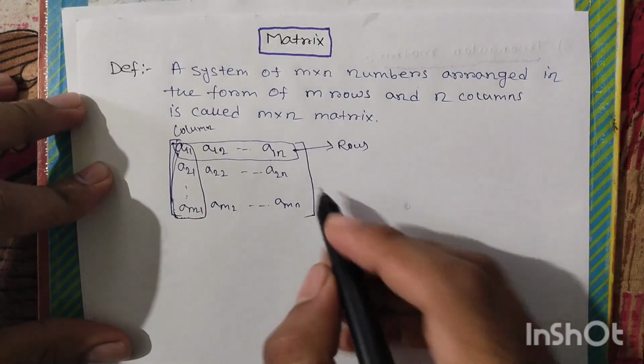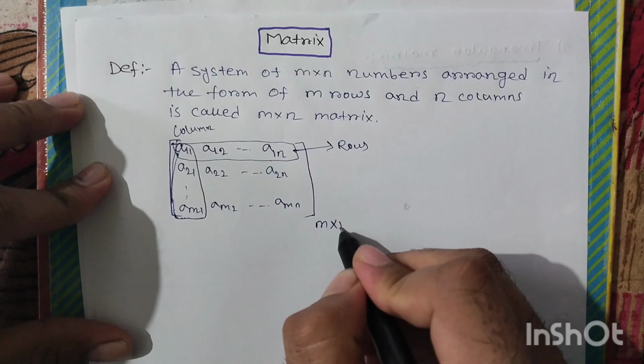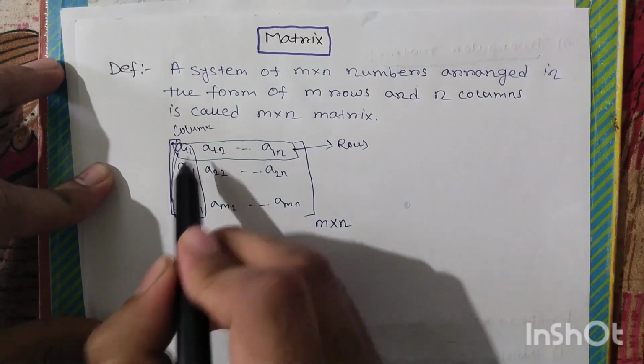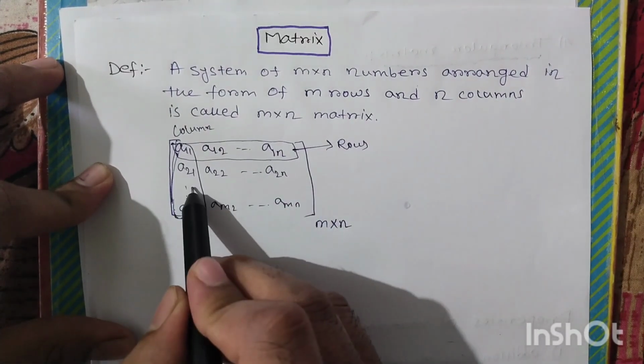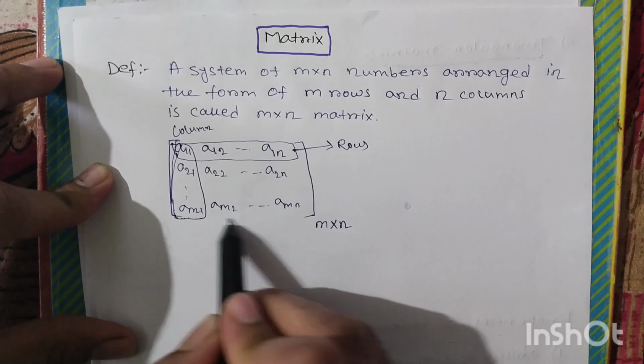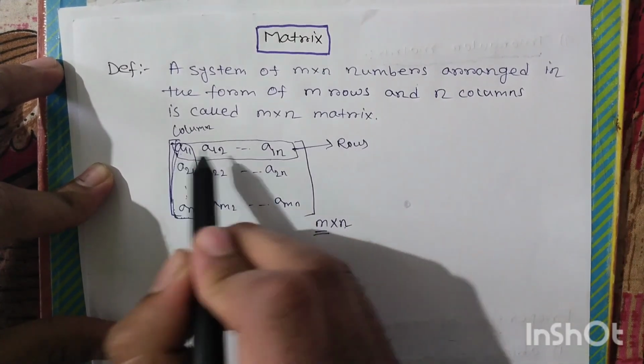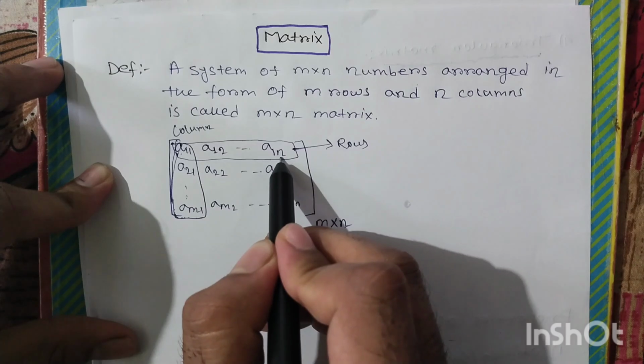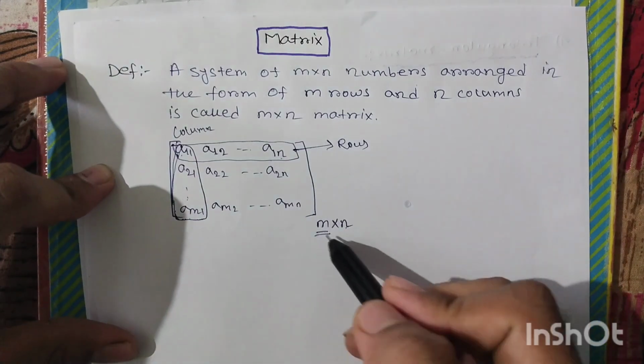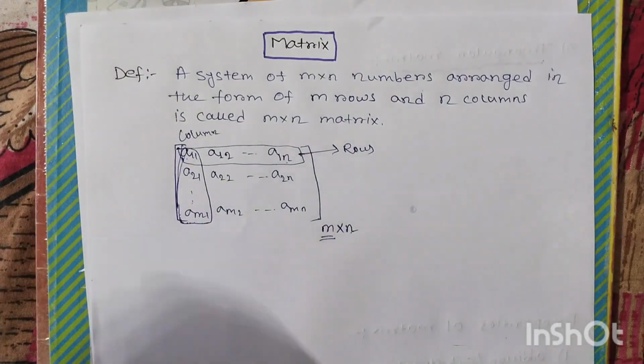Now this is called an m cross n matrix because of m rows: 1 row, 2 rows, similarly up to m rows, and n columns: first column, second column, similarly up to n columns.